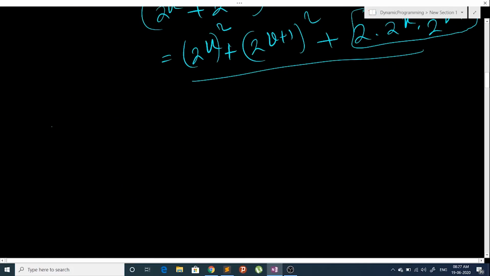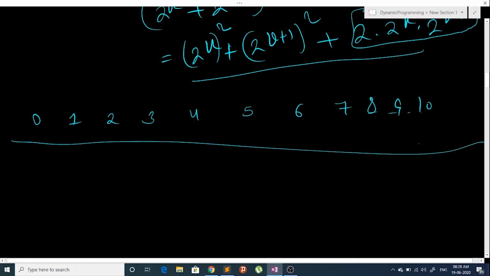So after calculating this frequency array, what I will do is, for example, if I am getting a frequency array like this, 0 1 2 3 4 5 6 7, let's say this is up to 10, and the frequency array is like 4 3 3 2 1 0 3 4, let's say it is 6. Okay, and here I have 4 3.